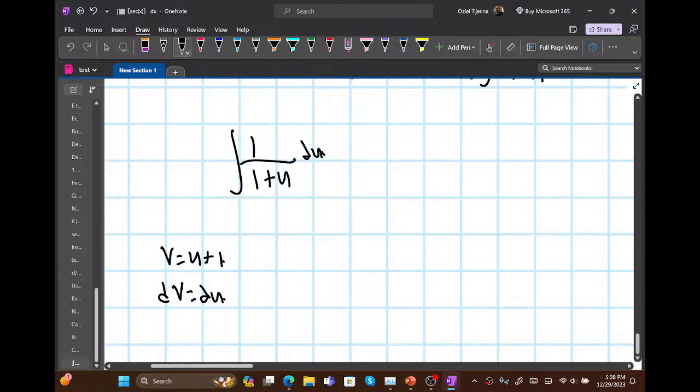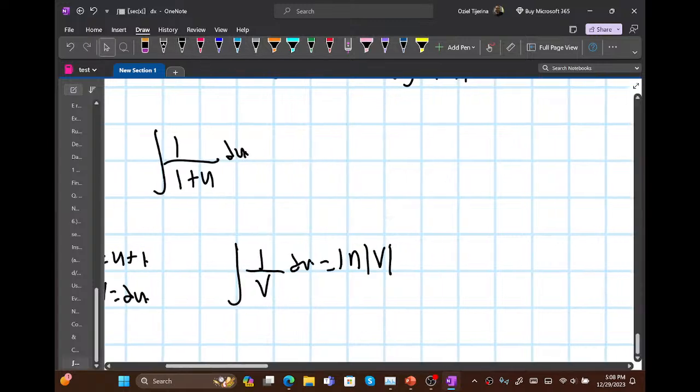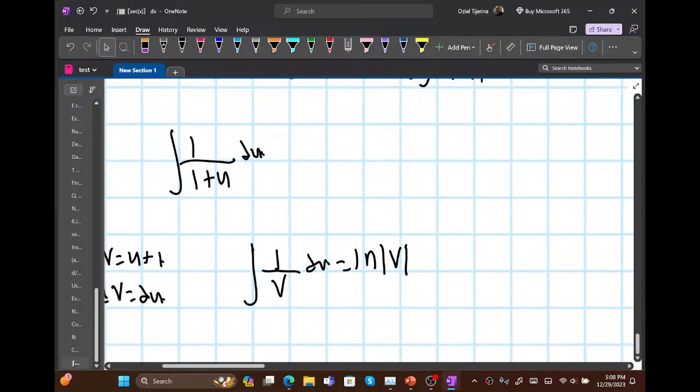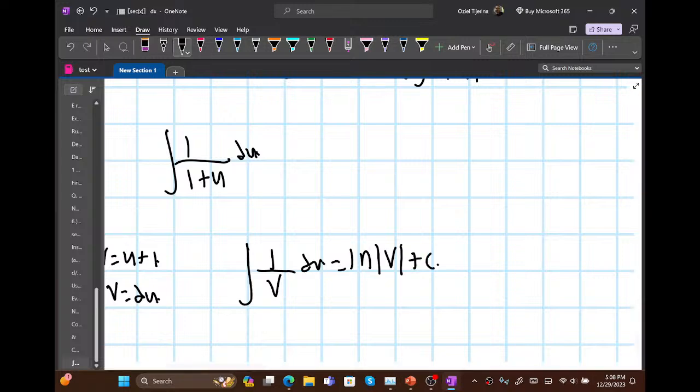So I'm going to have the integral of 1/v dv, which is the natural log of the absolute value of v. If we put v back in terms of u, plus c, this is equal to the natural log of the absolute value of 1 plus u plus c. That is this part.